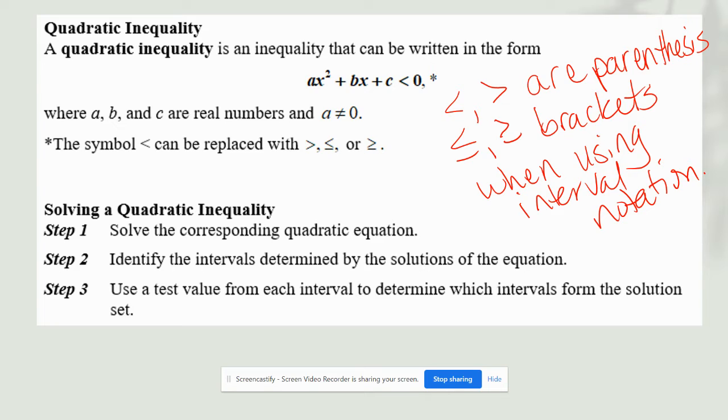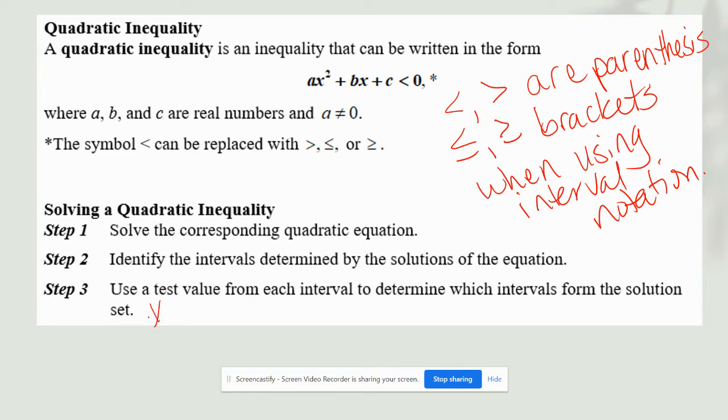So we're going to solve the quadratic equation, find the intervals that are determined by the solutions, and then use a test value to determine which intervals form the solution set.